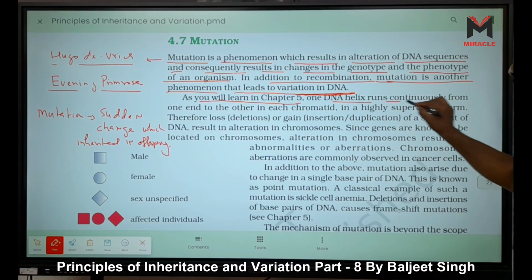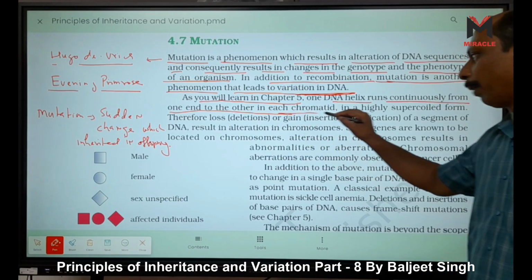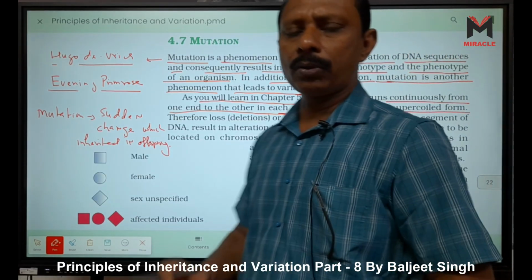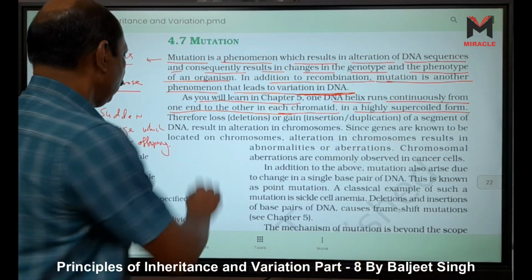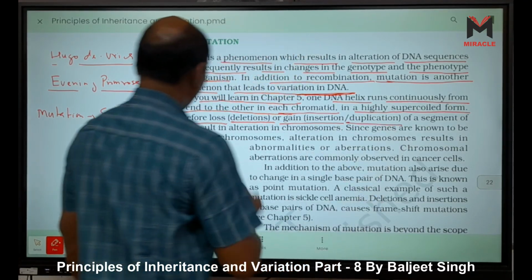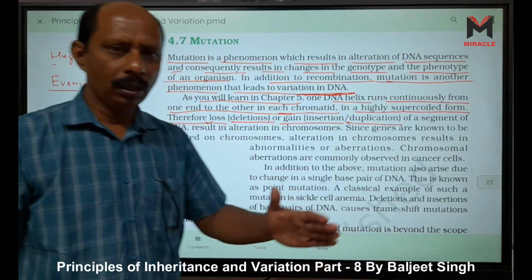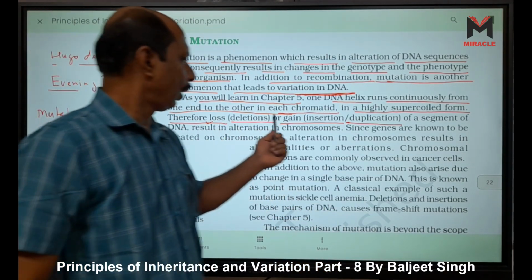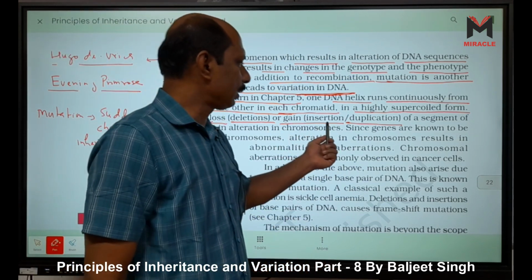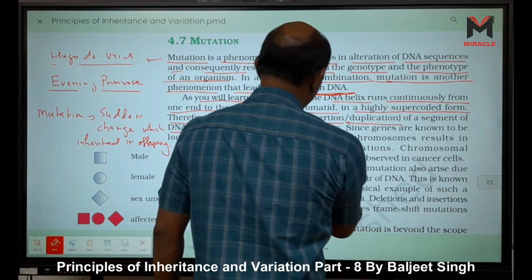One DNA helix runs continuously from one end to the other in each chromatid in a highly supercoiled form, called the solenoid form. Therefore, loss (deletion), or gain (insertion or duplication) of a segment of DNA results in the alteration of chromosomes.